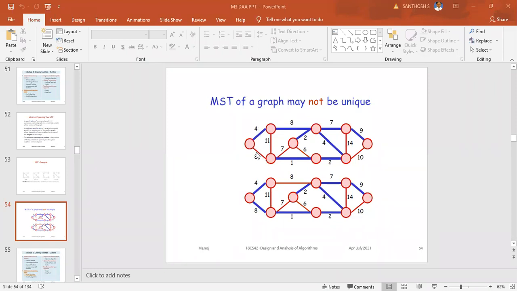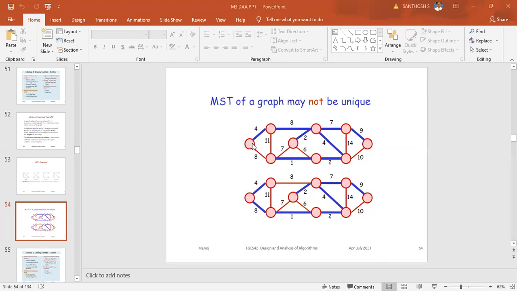Which is the edge you will consider? You have to go with the minimum edge. You have to understand this, because when you go with the algorithm, you may find it difficult, so you should be very clear.